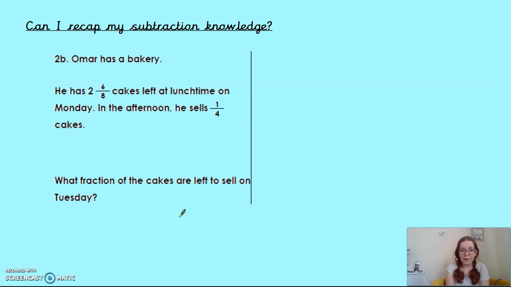Well, we need to do the calculation 2 6/8, which is this one, take away or subtract 1/4. And again, you're going to need to make sure those denominators are the same. So once again, I want you to pause me and have a go at this one on your own. And when you're ready, you can unpause me and I'll show you the answer. So unpause me, please, in 3, 2, 1.